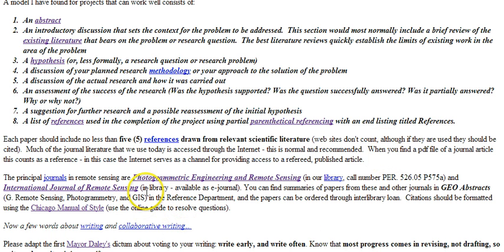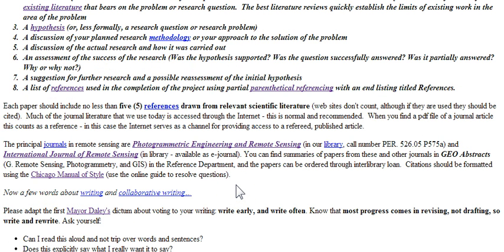The two journals that I suggest using for research literature are Photogrammetric Engineering and Remote Sensing and the International Journal of Remote Sensing. These are both in our library, and I believe both available online as PDFs. In particular, Photogrammetric Engineering and Remote Sensing is very complete. There are tons of articles in there on remote sensing, and all of these techniques are covered extensively throughout that literature.